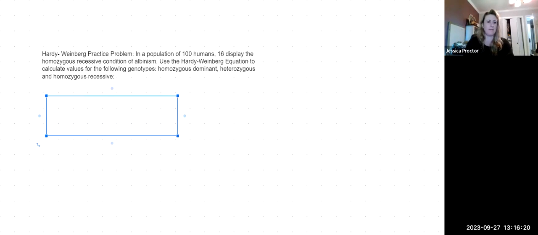Okay, so if we know that 16 are homozygous recessive, then the remaining humans, the 84, have to be either homozygous dominant or heterozygous. So 100 minus 16. I'll show you on the calculator here.